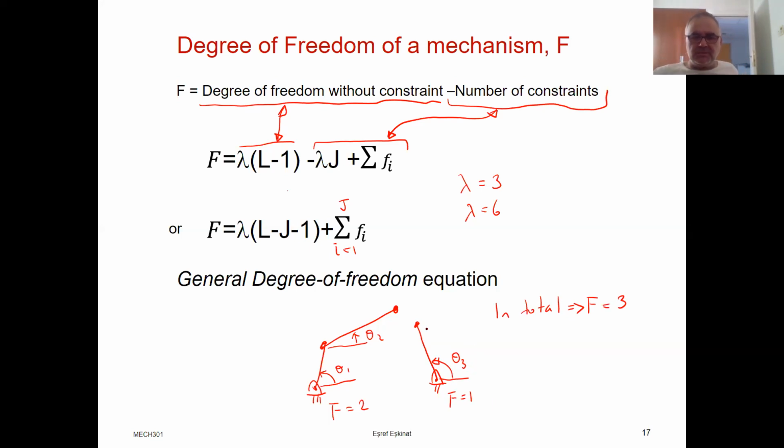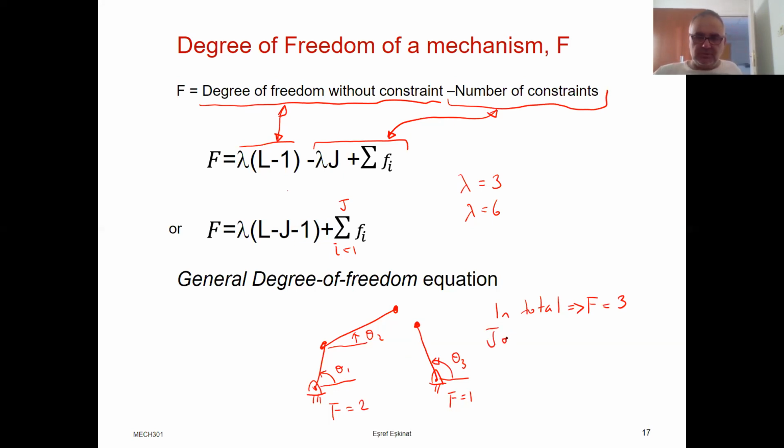What if we somehow connect these two parts with a revolute joint? What we will be doing is decreasing 2 degrees of freedom, right? Because the revolute joint has a degree of freedom of 1, so it would be removing 2 degrees of freedom.